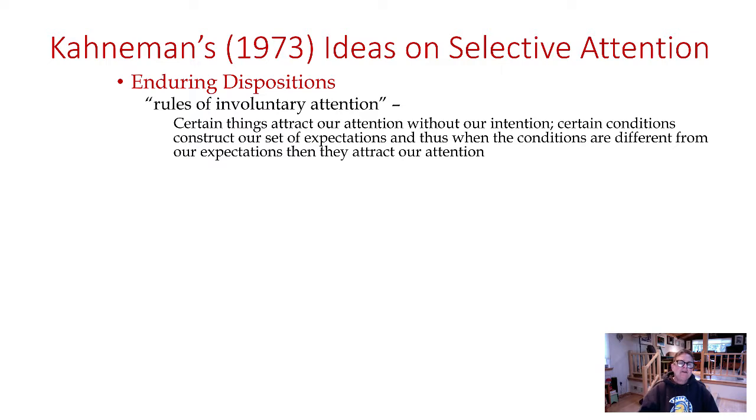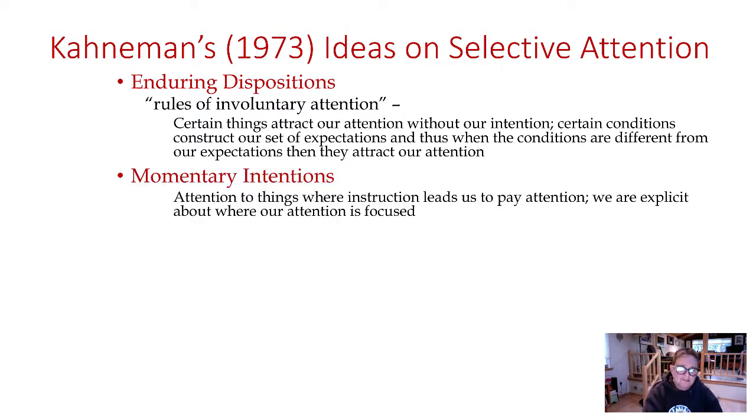And then finally, our last slide is some ideas that Kahneman had on selective attention. Two ideas. One has to do with enduring dispositions, which basically are rules of involuntary attention. In other words, certain things attract our attention even though we didn't have any intention of paying attention to that.